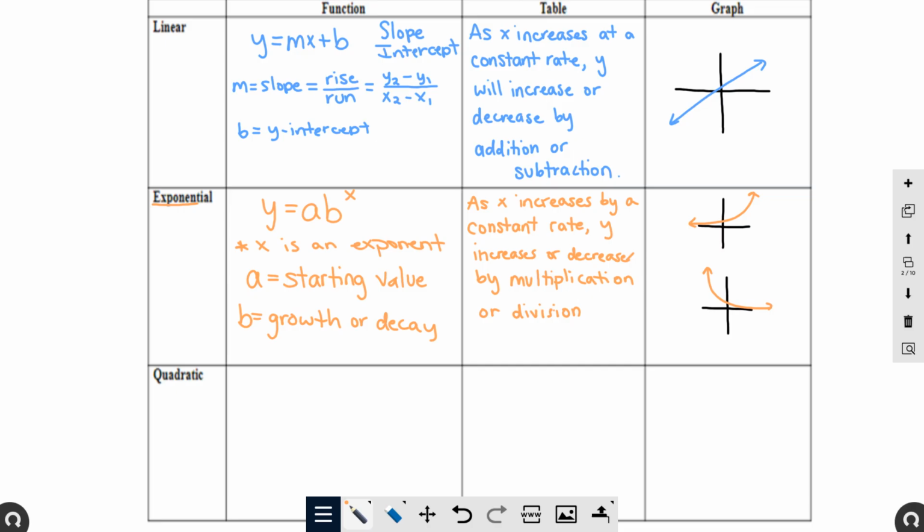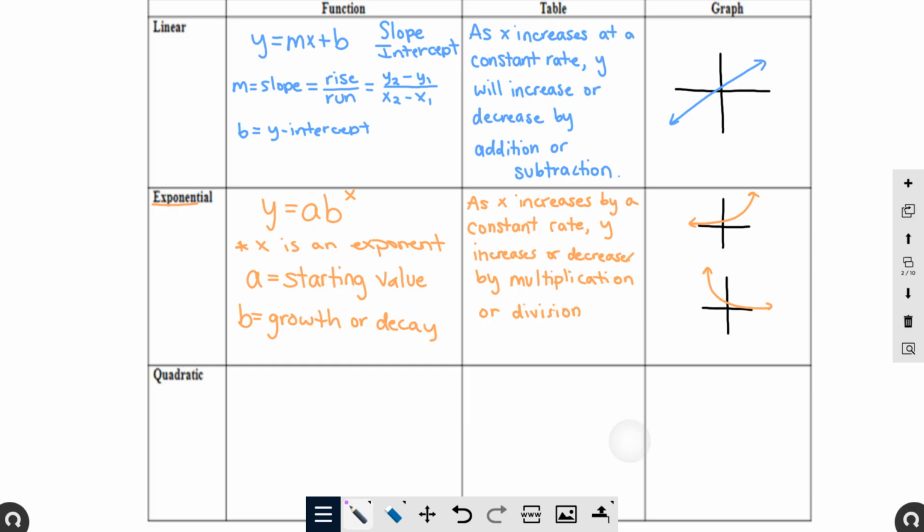Last on our list is quadratic. What can you tell me about a quadratic? Now, don't do the quadratic formula. So, not opposite of b, that's how we solve. We'll get to that in Unit 5 this semester. But maybe start off with y equals.